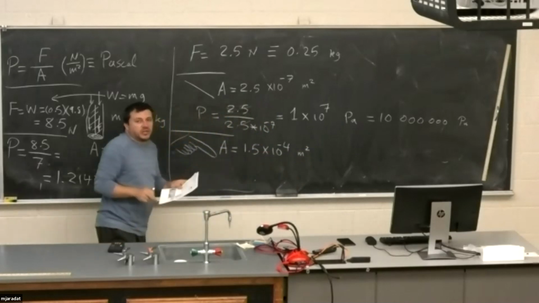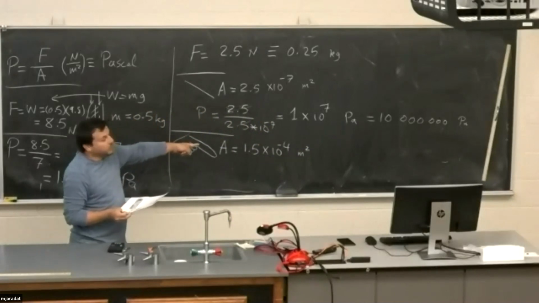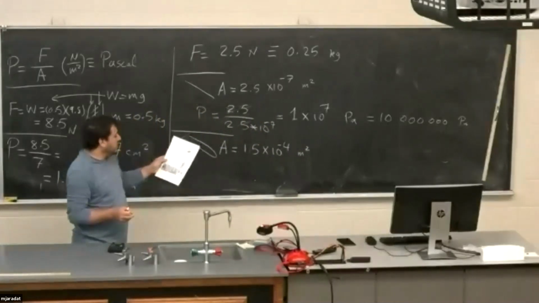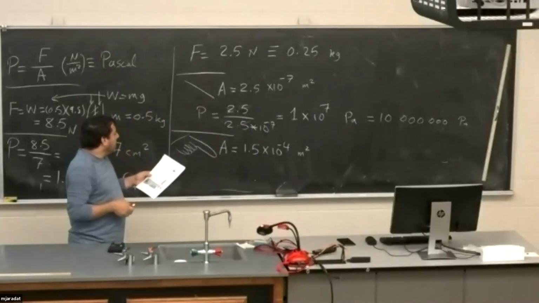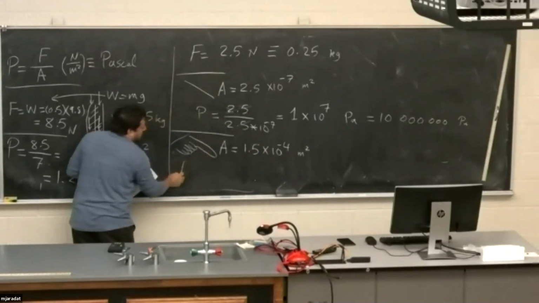This should be centimeter square, but I converted it to meter square without multiplying by 10 to minus 4. Just put it in part B, the second example. Now, the force is given. What is the pressure?